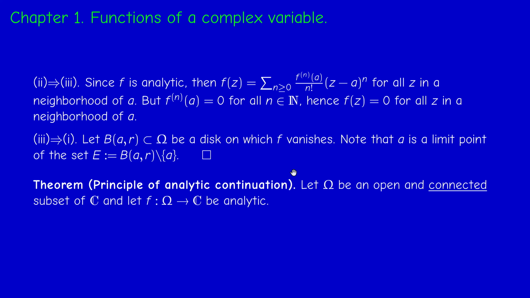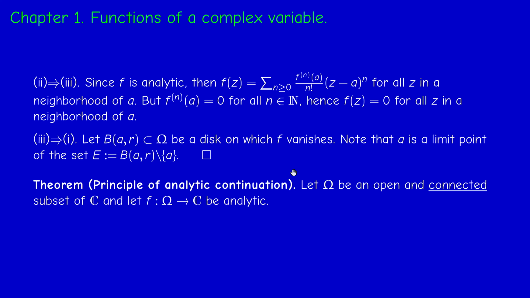And now we are ready to prove the main theorem of this lecture, which is called the principle of analytic continuation. Don't be afraid of the title. I will explain it now. It's a uniqueness result. Now, as usual, omega is an open subset of C, and now I have to put an extra assumption, which is the assumption of connectedness.